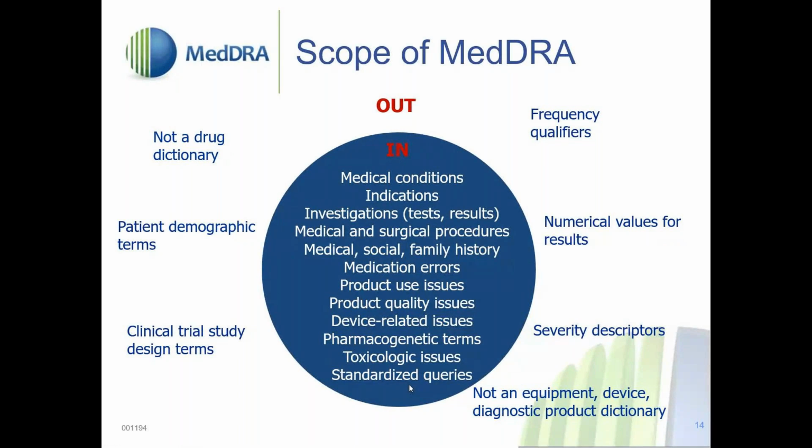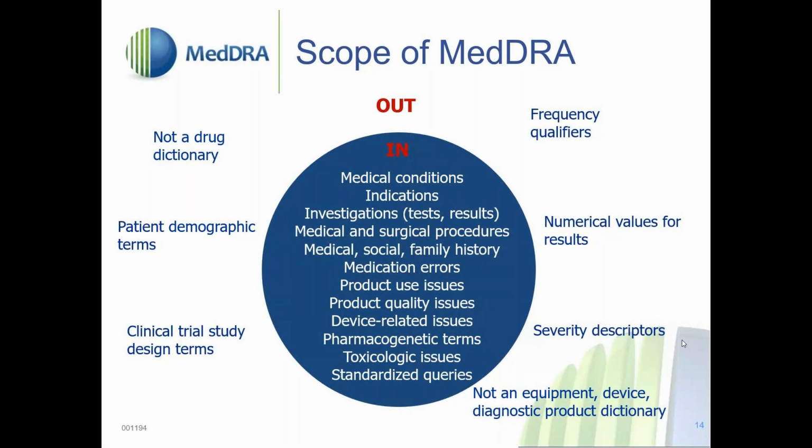On the other hand, MedDRA excludes terms that relate to frequencies, unless such information is medically relevant, like frequent micturition or frequent bowel movements, for instance. The same applies to indicators for severity.